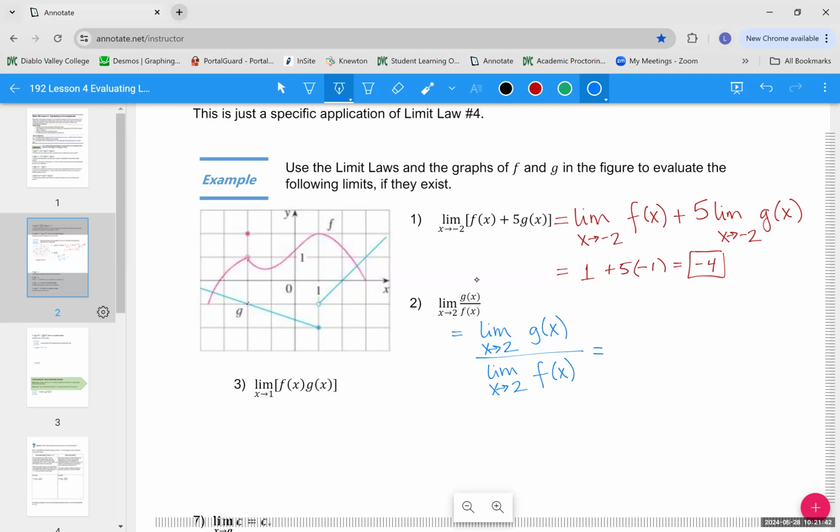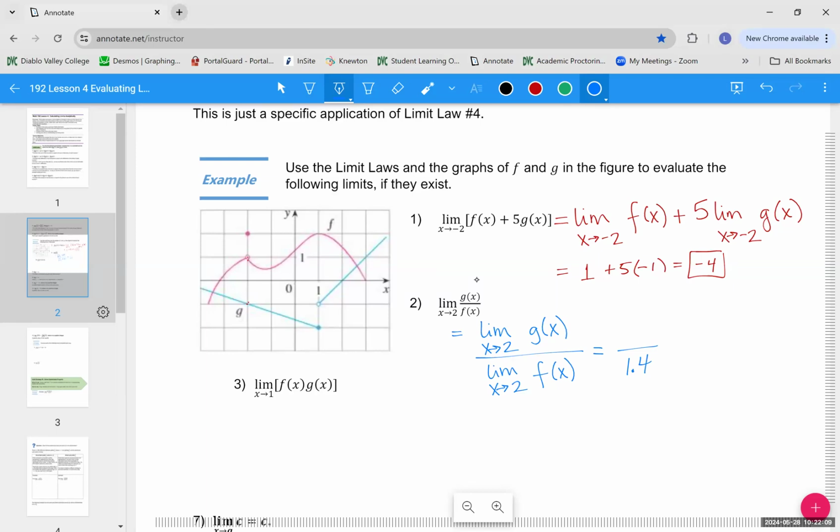So the limit as x approaches 2, this time we're at +2. So that is in this area right here. And the bottom is f. So again, that's the pink curve. It's not 0. It's a little bit tough to tell exactly what it is. And maybe a 1.4 or so. And it's okay if you said something close to that, but not exactly that.